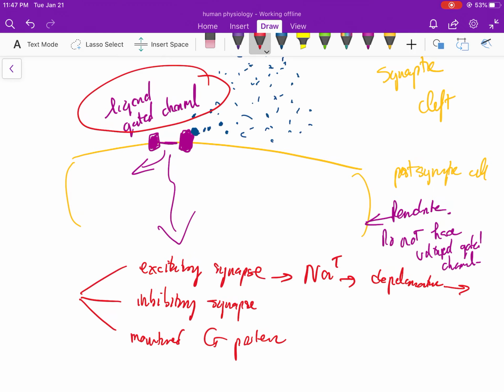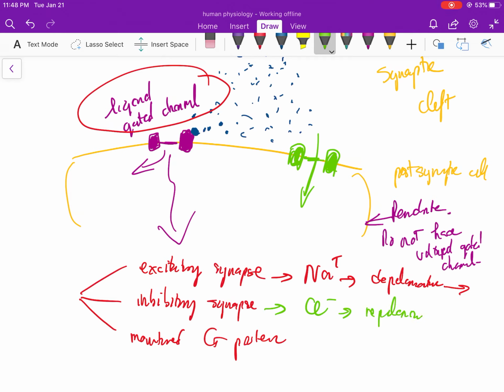And in the inhibitory synapse, we will actually have the ligand gated channel for chloride. And when we have the chloride ligand gated channel like this, the chloride will rush in here, and it will cause repolarization.